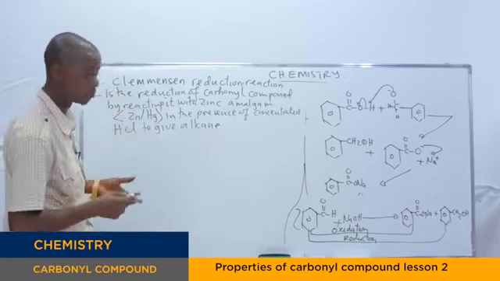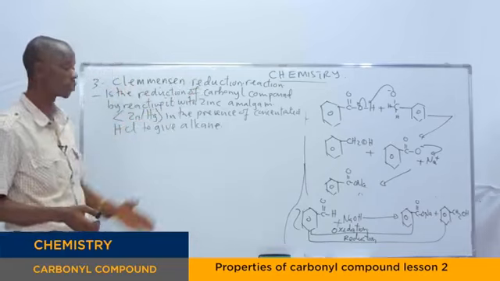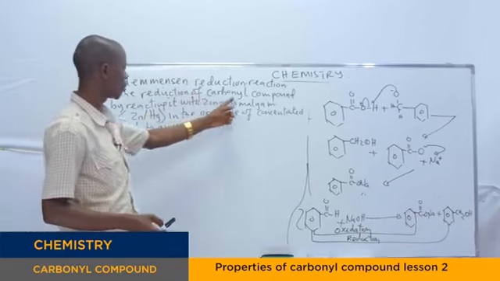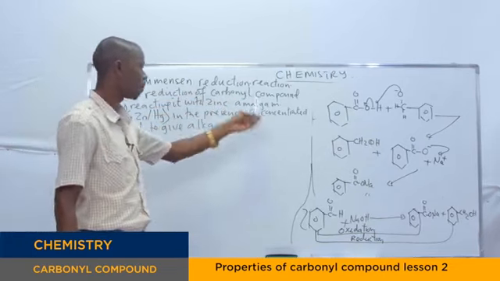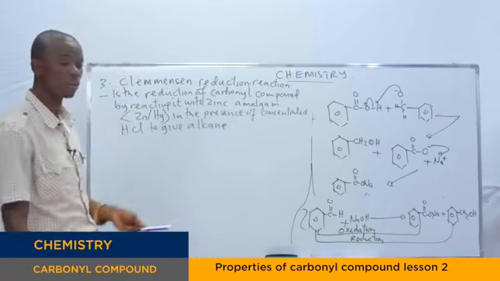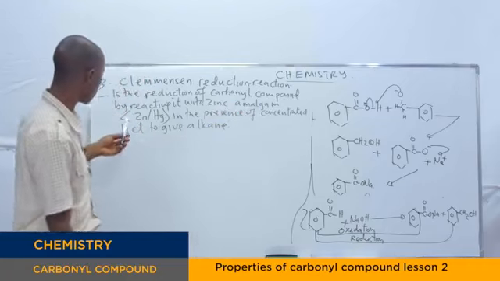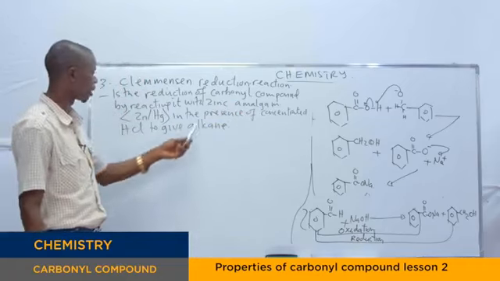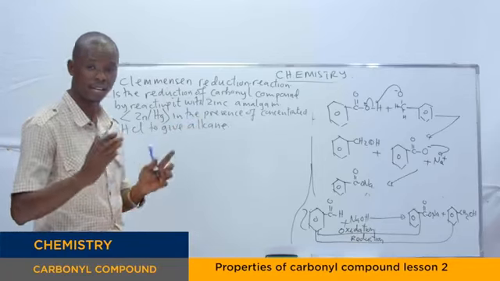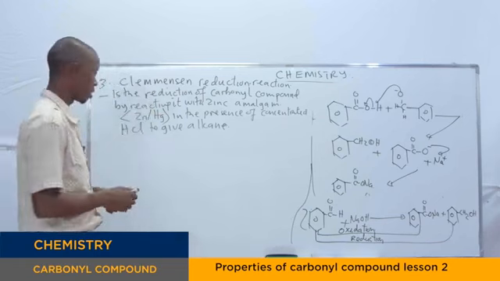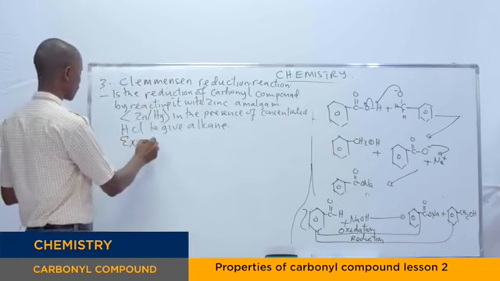Yes, we can say generally that the Clemmensen reduction reaction is the reduction of a carbonyl compound by reacting it with zinc amalgam. When we talk about zinc amalgam, we are talking about the mixture of zinc and mercury in the presence of concentrated hydrochloric acid to give an alkane. So that is Clemmensen. We can give the example here.